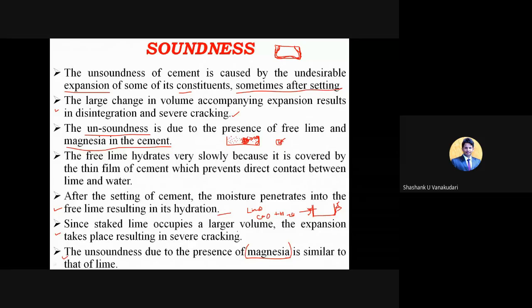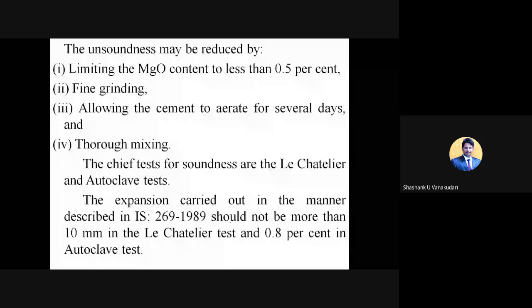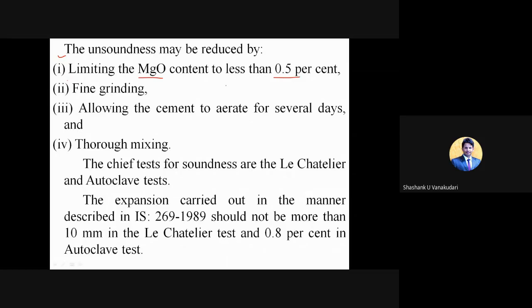The unsoundness may be reduced by controlling this. We limit the magnesium oxide content, which should be less than 0.5% in the cement.